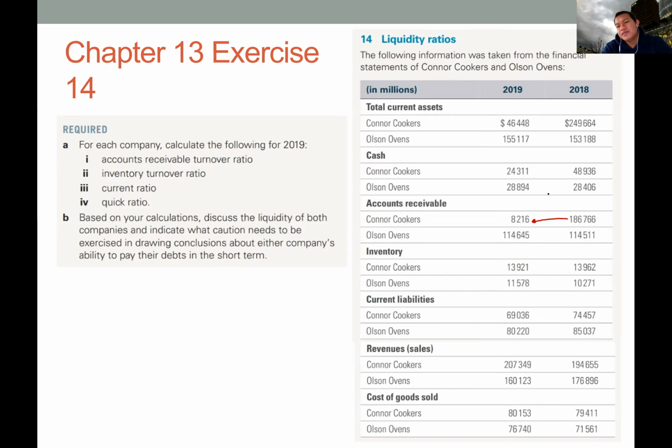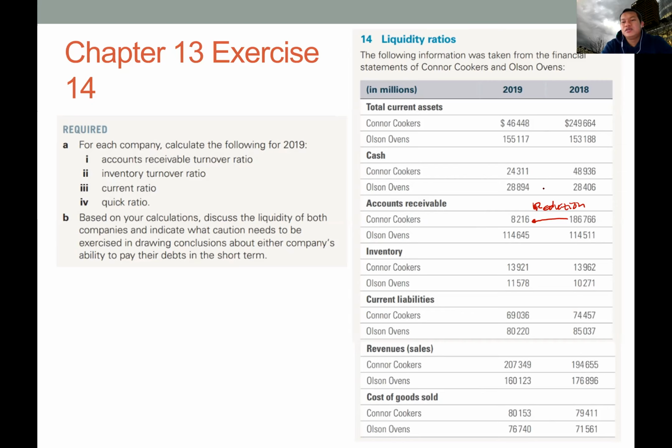So they can minimize or make this account receivable substantially smaller than the previous one. You can see a significant reduction in their account receivable.